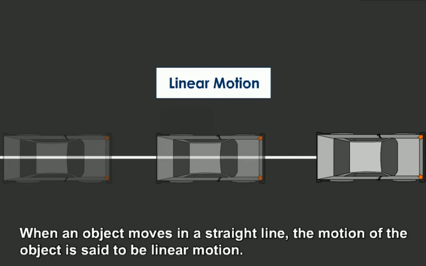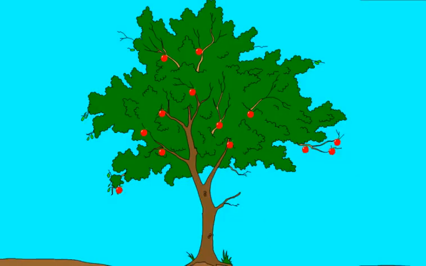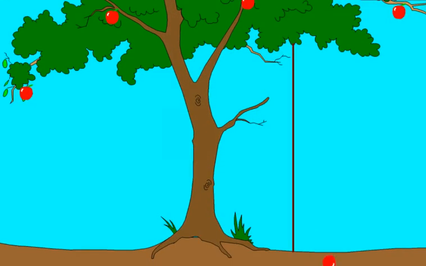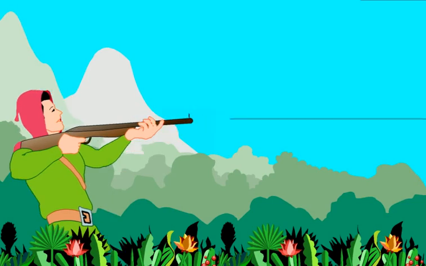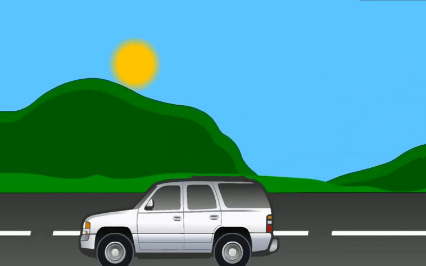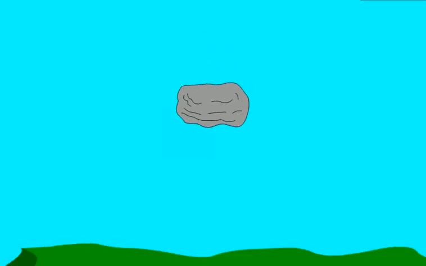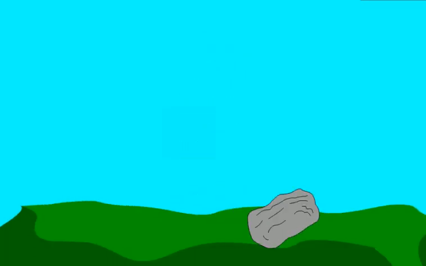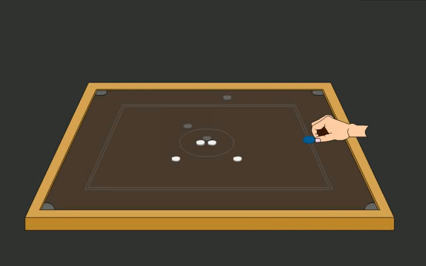For example, an apple falling down from the tree, a ball rolling along the ground, a bullet fired from a rifle, a car moving on a straight road, a stone falling from a certain height, motion of a striker in a carom board game, and so on.